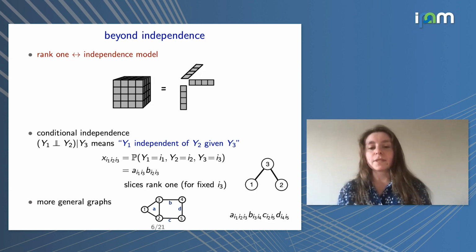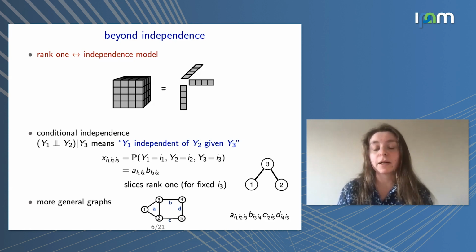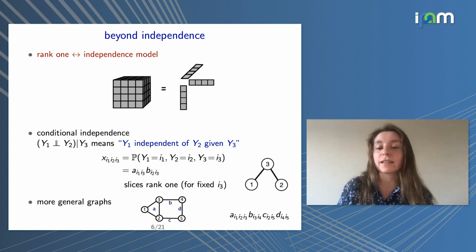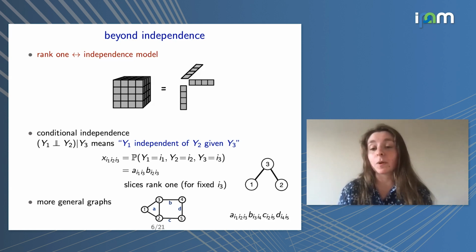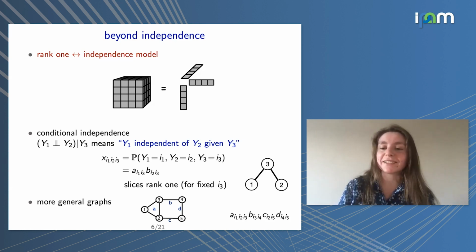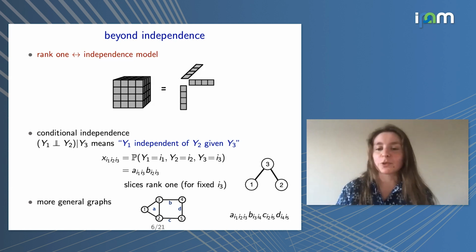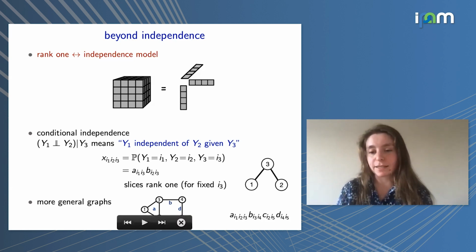So the statistical model represented by this graph is the set of all probability tensors that factor as this product of an order 3 tensor and 3 order 2 tensors. So that's this factorization here.